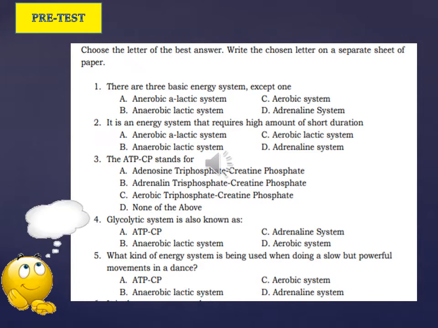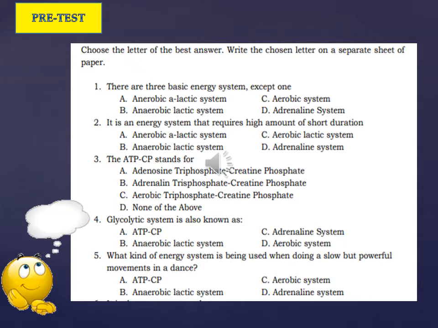It is an energy system that requires high amount of short duration. Letter A. Anaerobic lactic system. B. Anaerobic lactic system. C. Aerobic lactic system. And letter D. Adrenaline system.